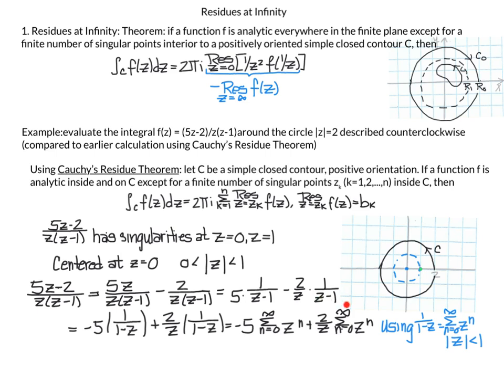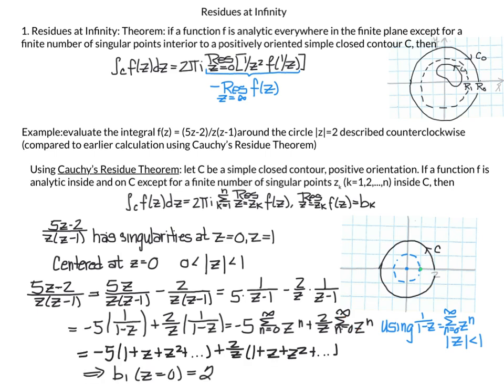My z minus 1, I need to have this in the 1 minus z form, so I'm just going to multiply by a negative 1, which will make this positive, and then I have 1 over z minus 1. Similarly, over here, I multiply my 5 by a negative, so this can become 1 over z minus 1. And now I can use my summation formula. I have negative 5 sum of z to the n plus 2 over z sum of z to the n.